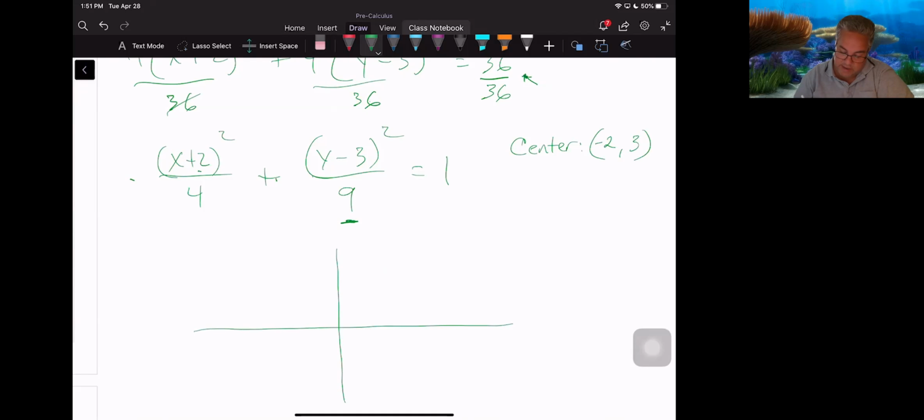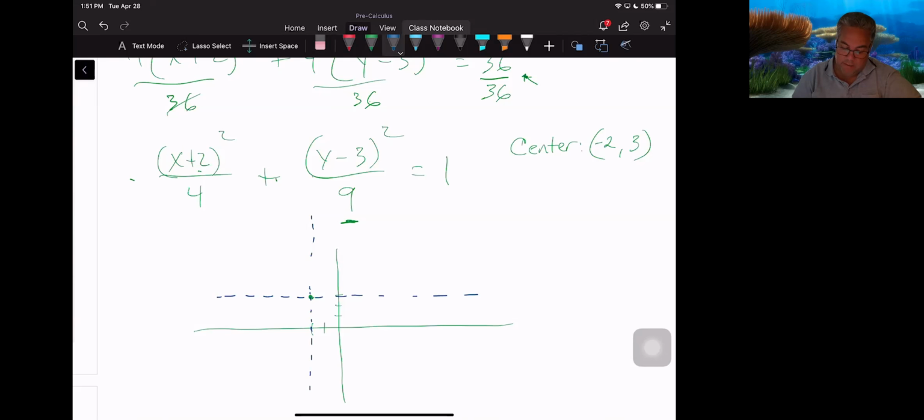So center is at -2, positive 3. 1, 2, 3. There you go. Now what I like to do is draw dotted lines through the center, because those are going to be your axes.